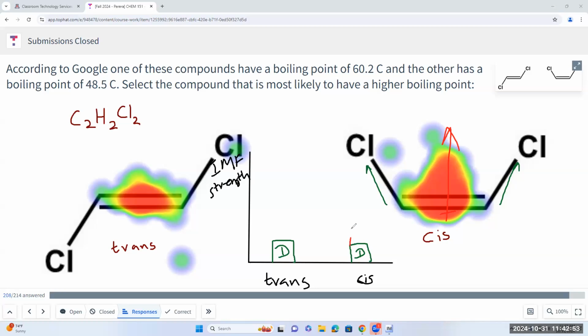So overall, the cis isomer has stronger intermolecular forces, and we can expect it to have a higher boiling point. This is called a bar chart for the intermolecular forces.